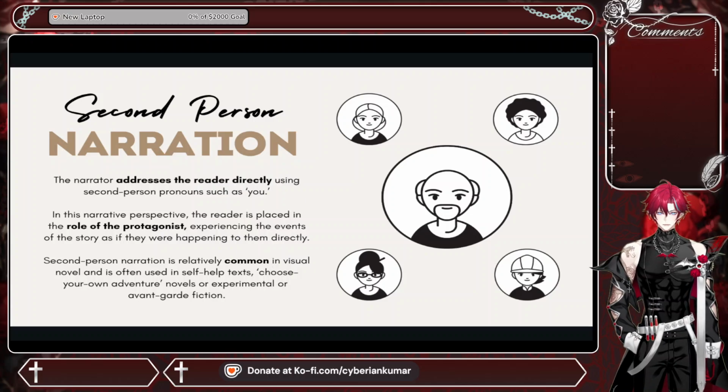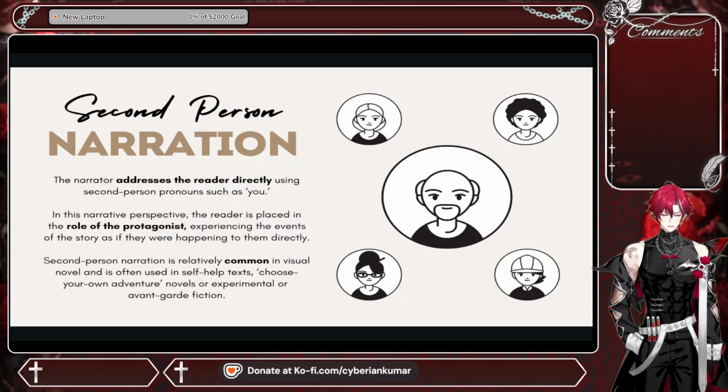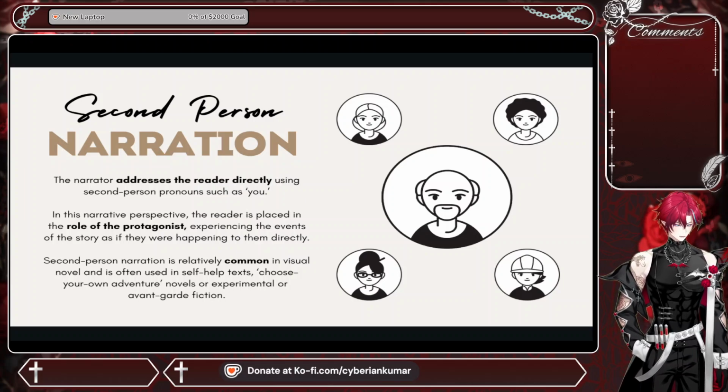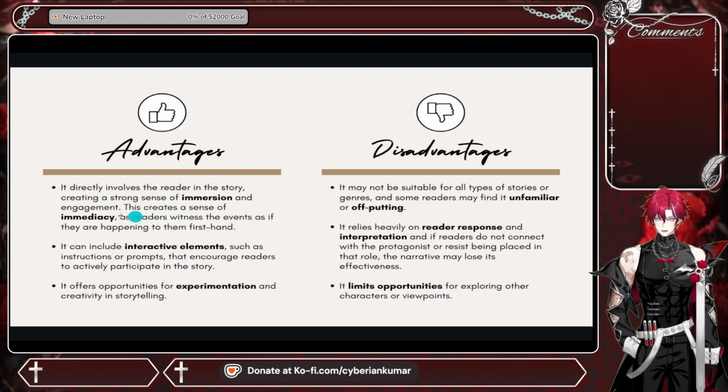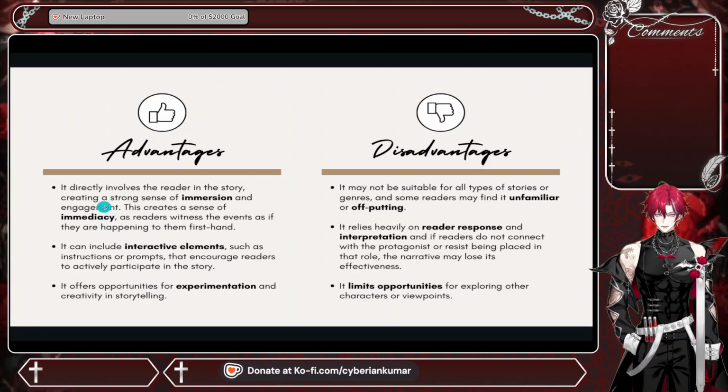So yeah, second person perspective is very common in these types of stories and narrations. Okay. Now, what are the advantages of second person narration? Like, let's see. So the first advantage is that it directly involves the reader in the story, creating very strong immersion and engagement. So it engages the users directly, right?